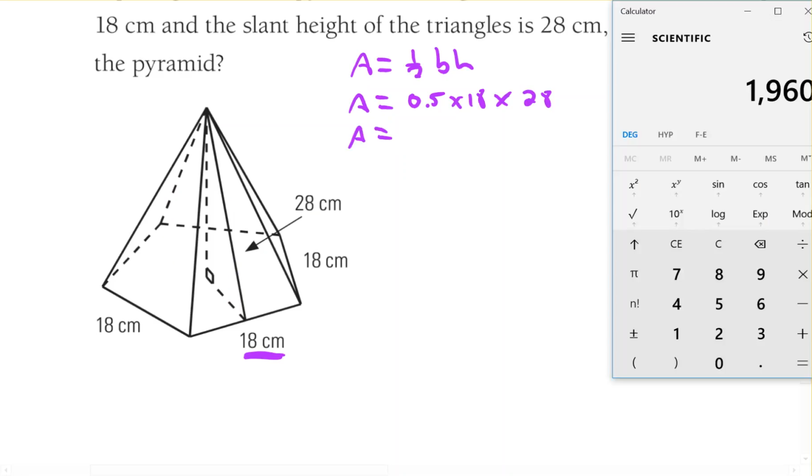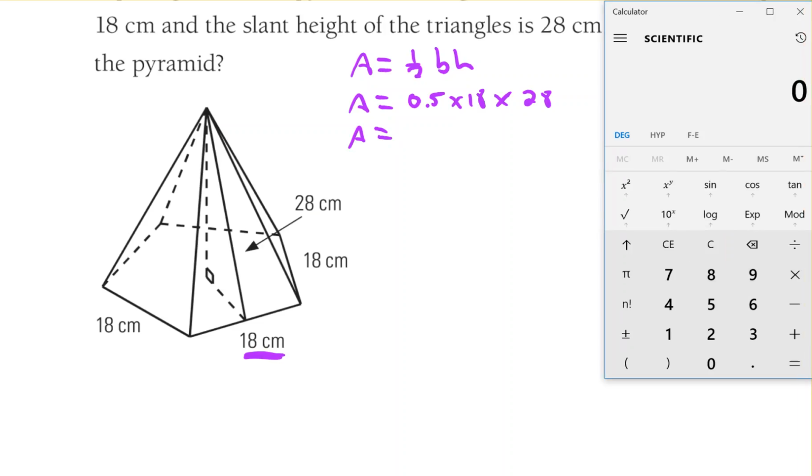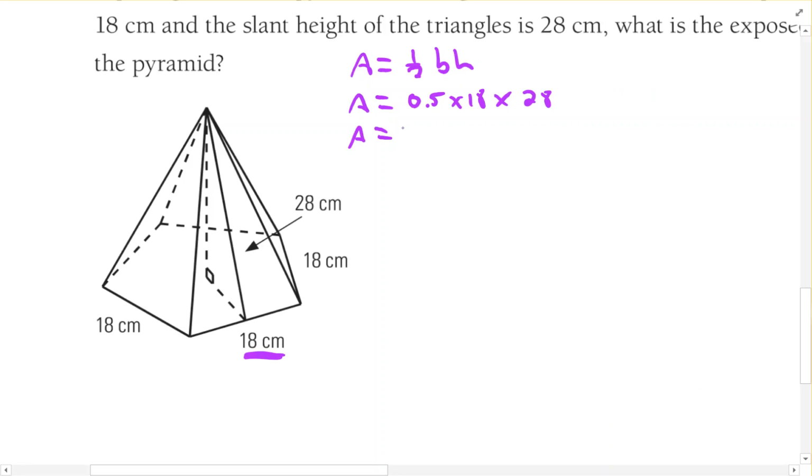So the area is going to be 0.5 times 18 times 28. 252 centimeters squared. But that was just for one, right? So that was just one of those triangles.